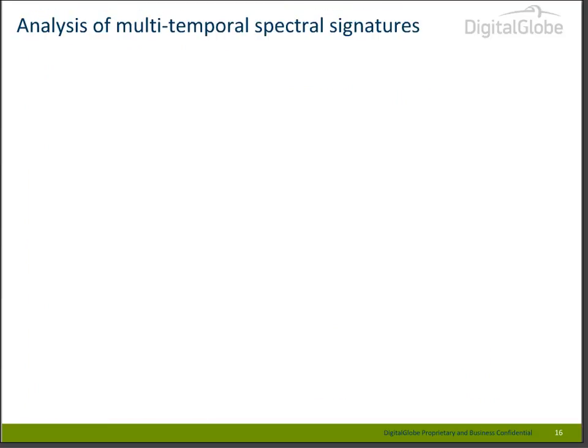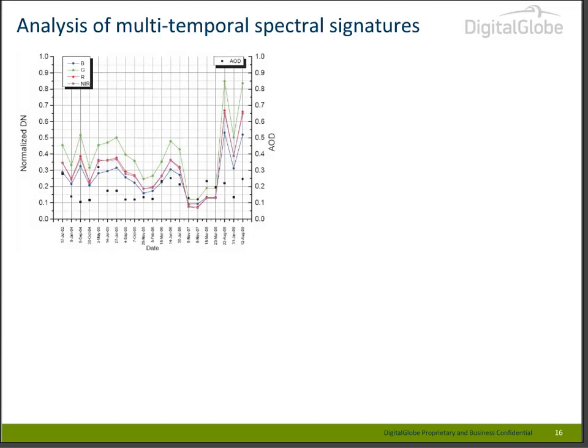Another example I would like to show regards the multi-temporal spectral signature analysis. In particular, if I have this kind of plot where I have on the x-axis the dates of the acquisition, again between 2002 and 2009, we have on the y-axis the normalized DN, and normalized DN basically means that we are normalizing everything to be consistent with values that go from 0 to 1 to be able to compare those values to surface reflectance.